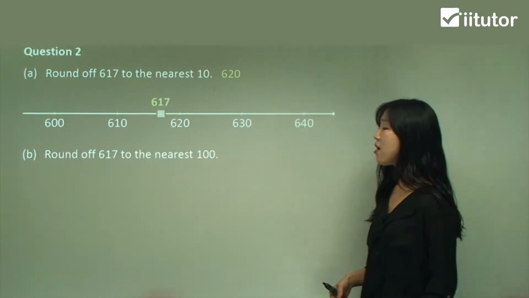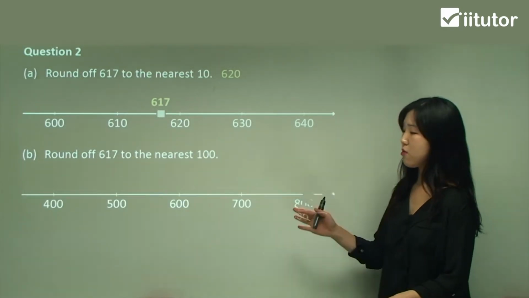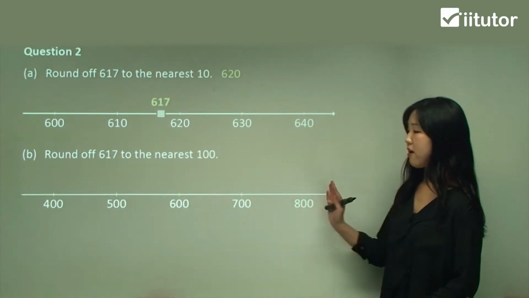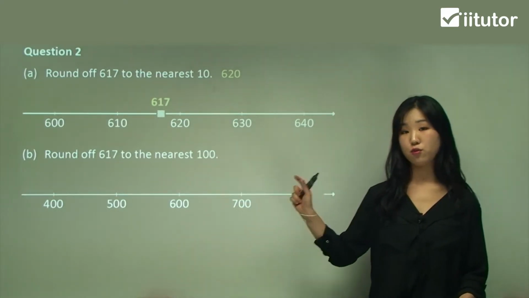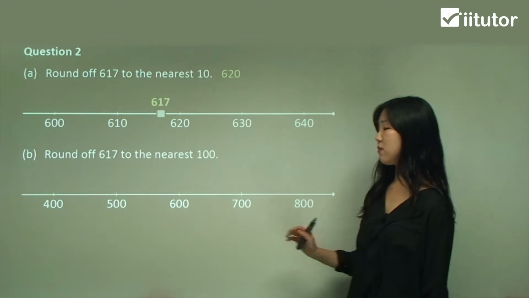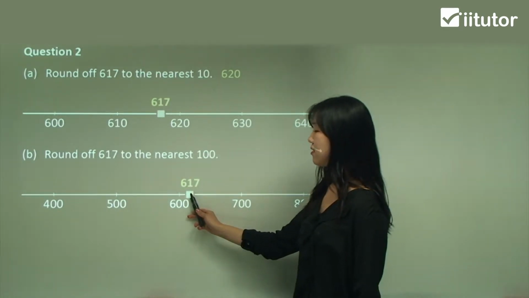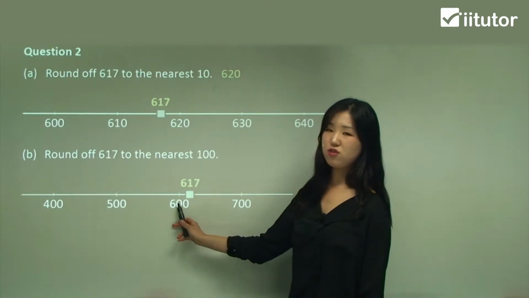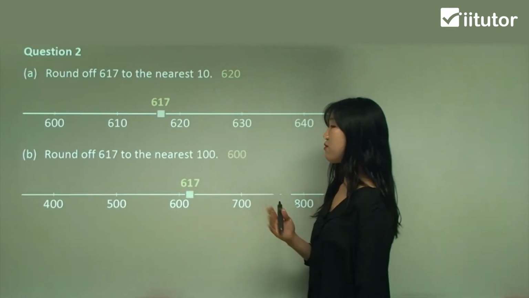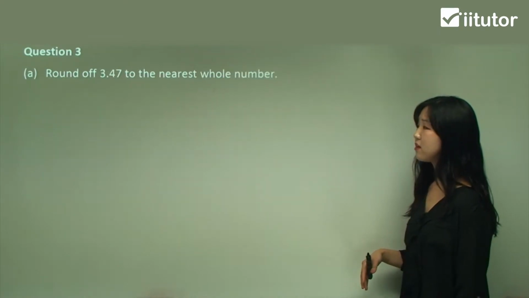Now to the nearest 100, this time going up by hundreds, I'm going to start from, say, 400 up to 800. Those intervals are just hundreds. And 617 is definitely between 600 and 700. You can see that 17 is much closer to the 0 mark, isn't it? So therefore 600. Okay, and it easily shows you on the number line.